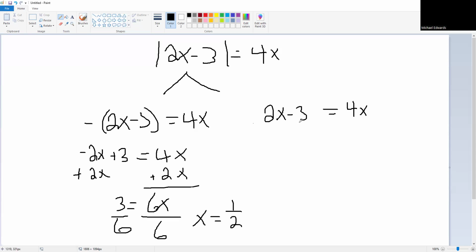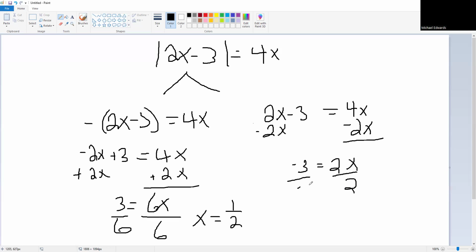Now, let's do this side. And this side should be a little easier, perhaps. But this is actually negative 2x we're taking out. So 4x minus 2x, this will be negative 3 equals 2x.